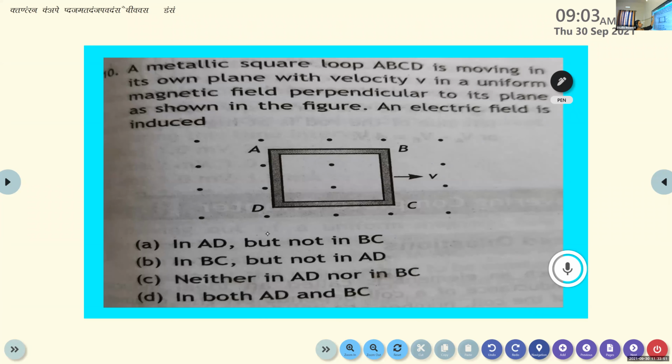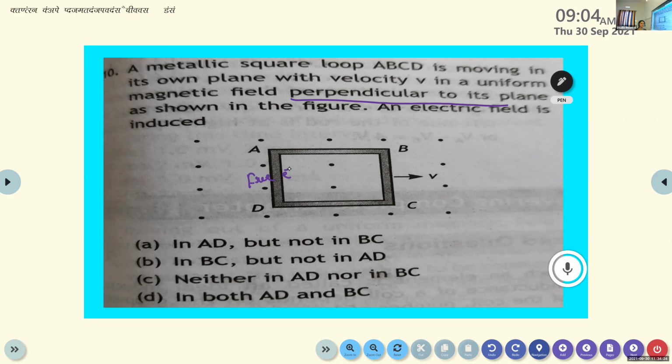And here in this question, they have said that a metallic square loop ABCD is moving in its own plane with a velocity v in a uniform magnetic field that is perpendicular to its plane, as shown in the figure. So this square loop ABCD is moving perpendicular to the uniform magnetic field with a velocity v. And here we know that ABCD is a metallic square loop, so surely it consists of free electrons.